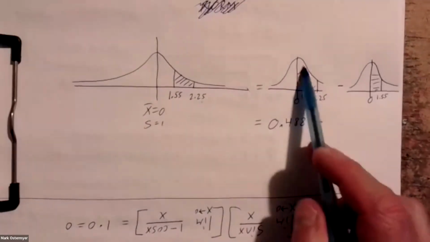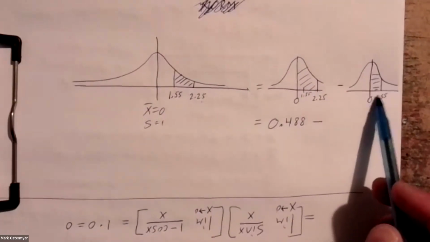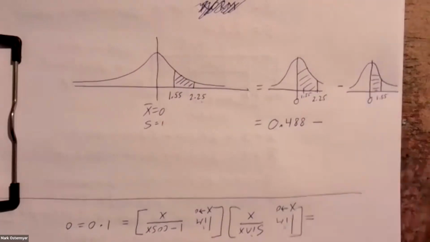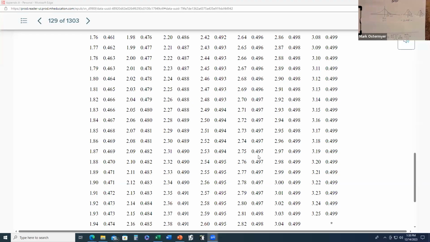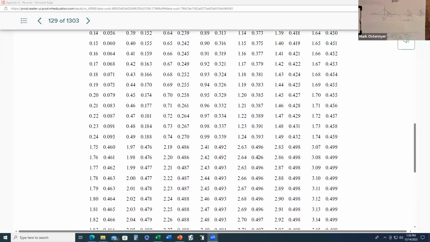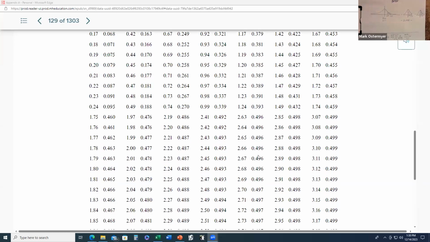That's this area, 0.488. Now we got to subtract off the area from our mean 0 up to 1.55. We got to find this area using our table. Let's go back to our table and try to find 1.55. Where's 1.55?